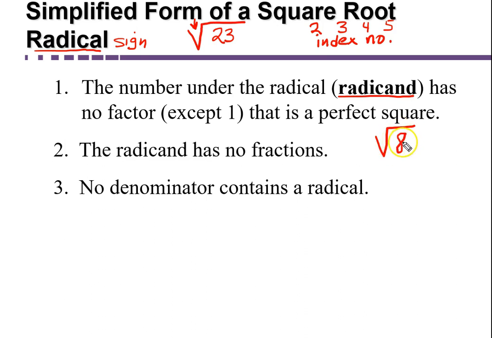And the answer is no, because referring to the previous slide, we could divide the square root of 8 into a perfect square, the square root of 4, times the square root of 2. So if you multiply these radicands together, you get 8. But 8 can be factored into a part that's a perfect square and another part that's not. So this square root of 4 would become 2, the square root of 2. Now this is in its simplified form. Here it is not. Here it is. So that's what they're referring to.